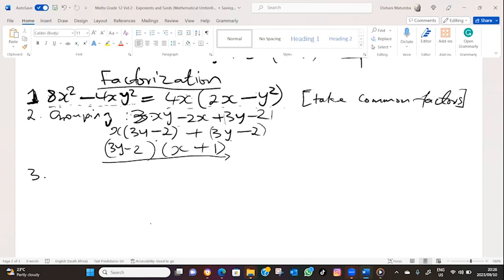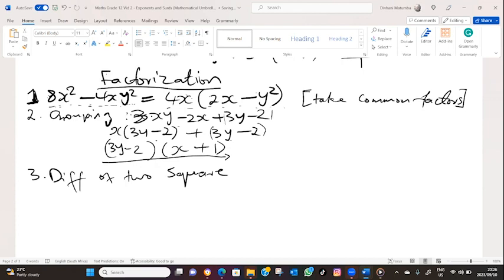The third way of factorization is the difference between two squares. First of all, there must be squares. What is a square?